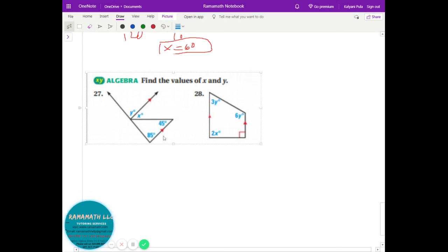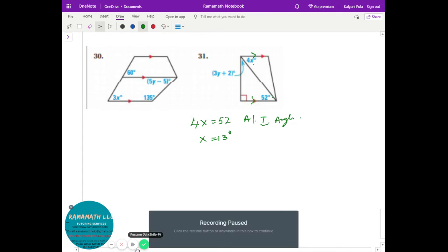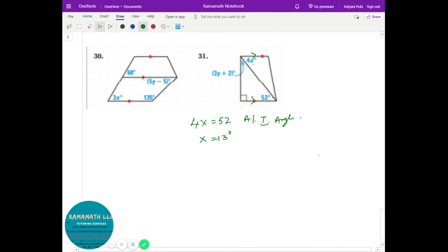So how do you identify parallel lines? You see these little red arrows. Whatever lines have the arrows on them, that means they are parallel lines. Instead of saying parallel lines, they can use the symbols too. Okay. Let's go find the x and y values. That's how you have to use it for that.